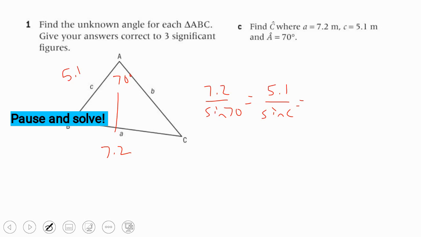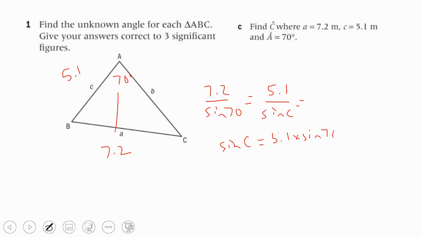And so this says find angle C, so it should be good to go. So I'm going to write it in one step. Sine of C is 5.1 times the sine of 70 divided by 7.2. You can do that middle step if you want to.